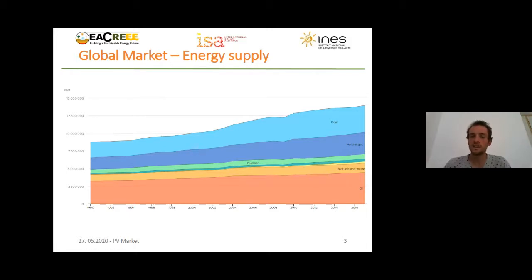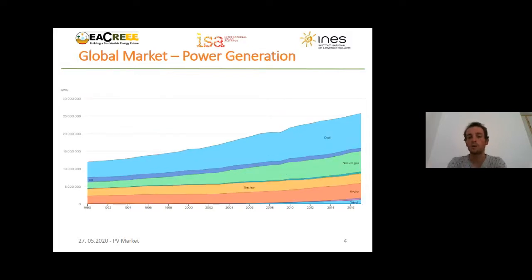And solar photovoltaics produce, of course, electricity. So let's have a look now at the global electricity power generation worldwide. There is quite a different graph for the global power demand. You see that a large part of global power generation is made by coal, almost 40%.